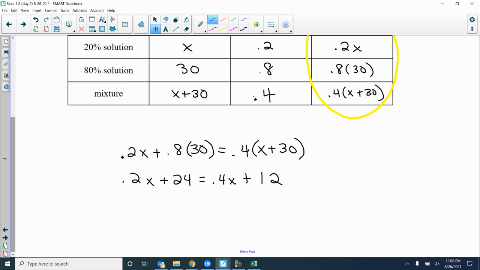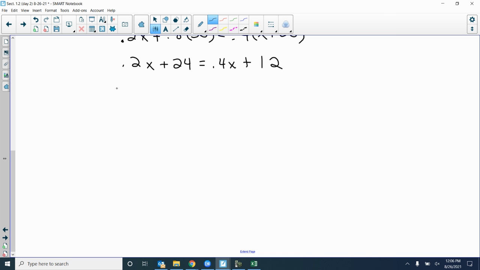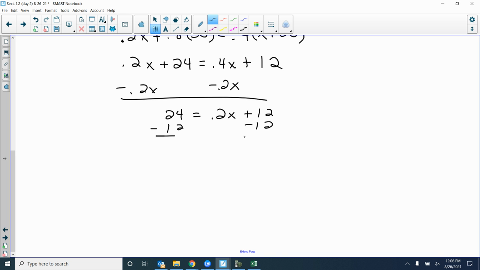Let's see, if I subtract 0.2x, I get 24 equals 0.2x plus 12. Subtract 12. Divided by 0.2. And what is that, 60? All right, 60 liters.